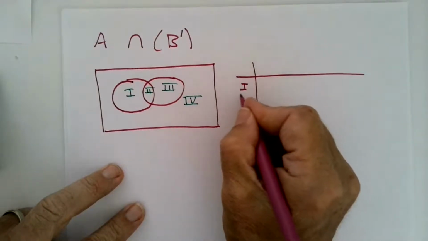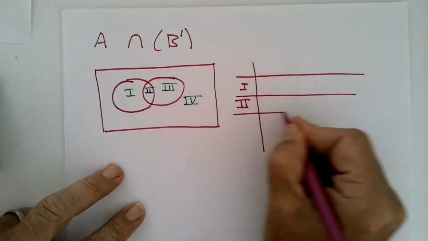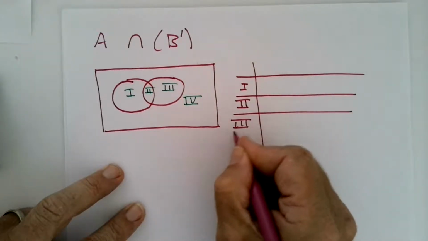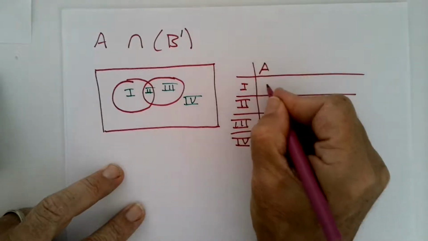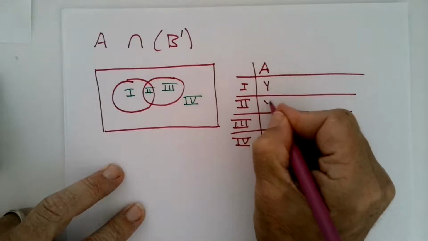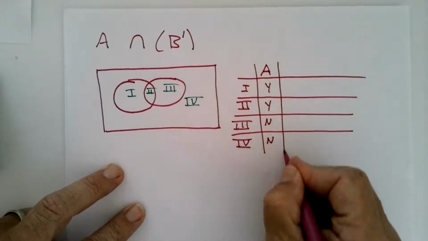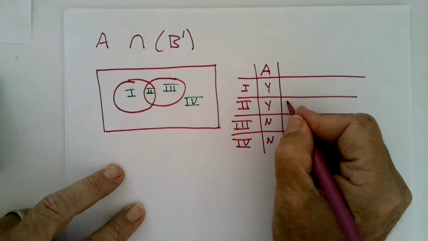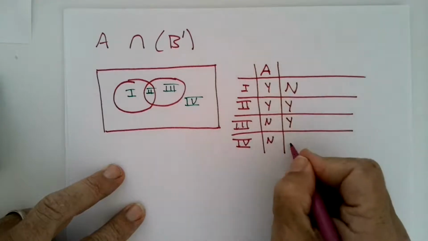So region 1, region 2, region 3, region 4. Okay, A is region 1 and region 2. Yes, yes. No, no. B is region 2 and region 3. Yes, yes. And 2 and 3. No, no on the others. That's B.